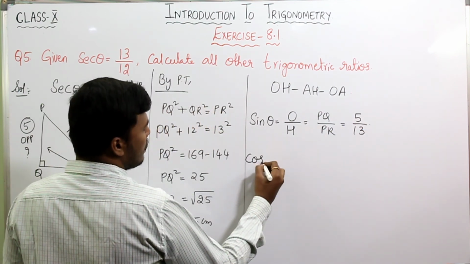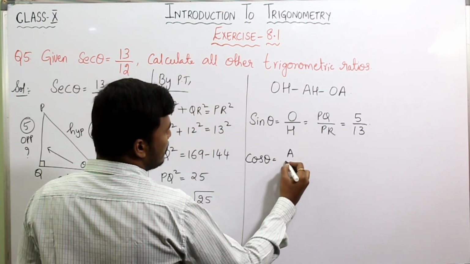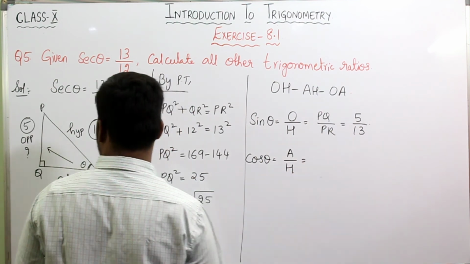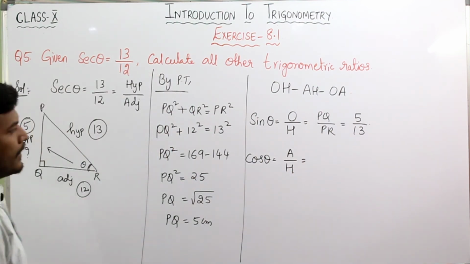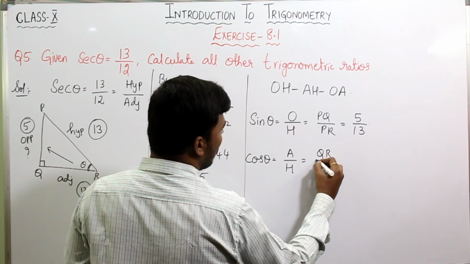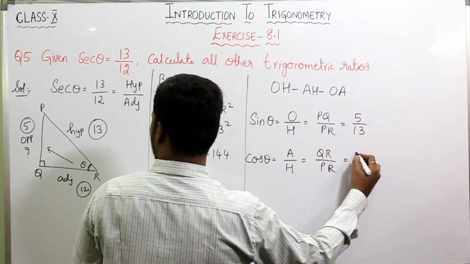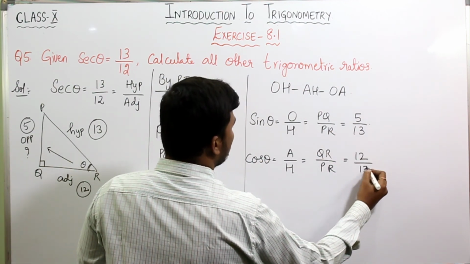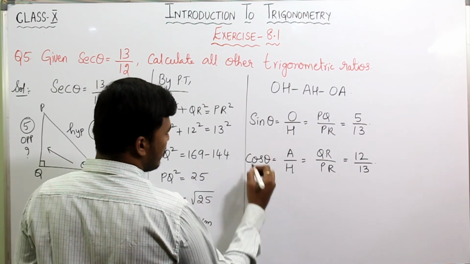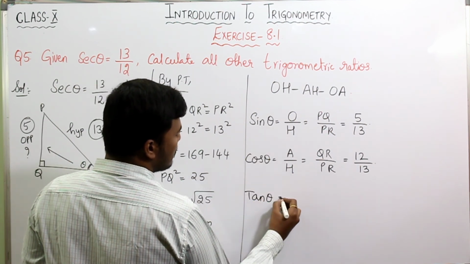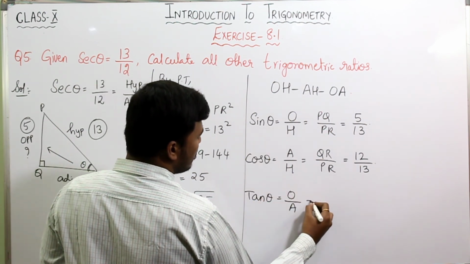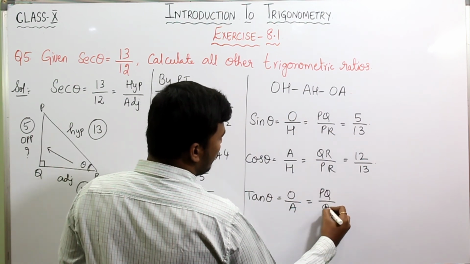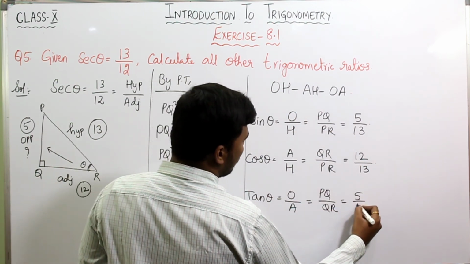And next one is cos theta, adjacent by hypotenuse, which is QR by PR, which is equal to 12 by 13. And next, tan theta. Tan theta is opposite by adjacent side. So PQ by QR, which is equal to 5 by 12.